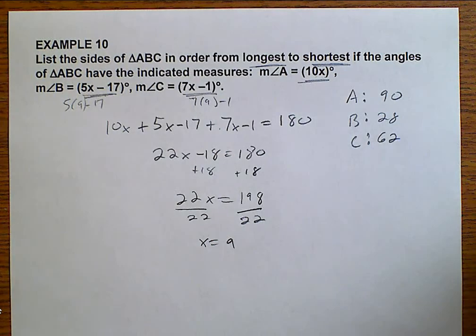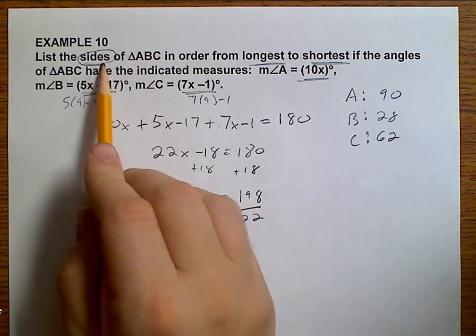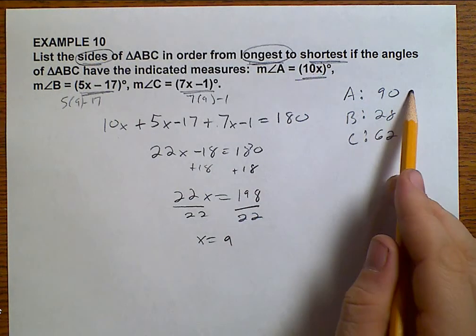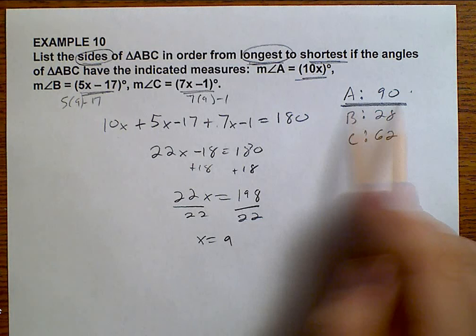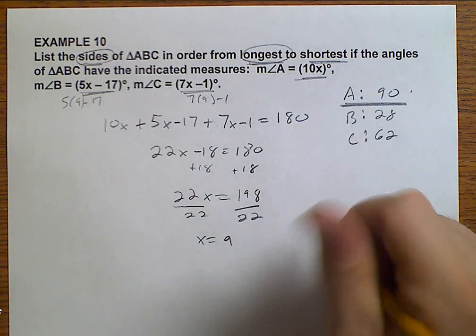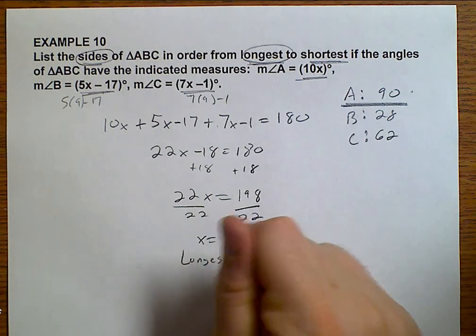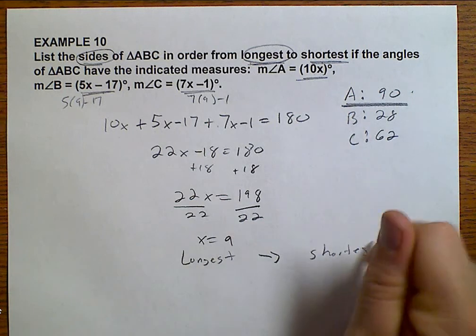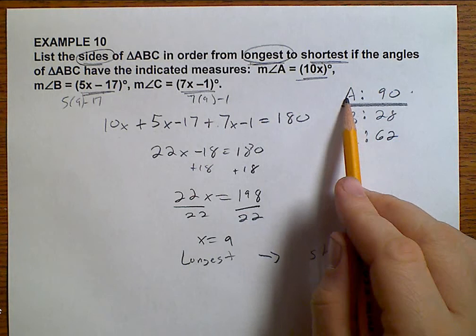So these are my angles, and now I need my sides from longest to shortest. Well, my largest angle is angle A, so that will be side not A, so BC.